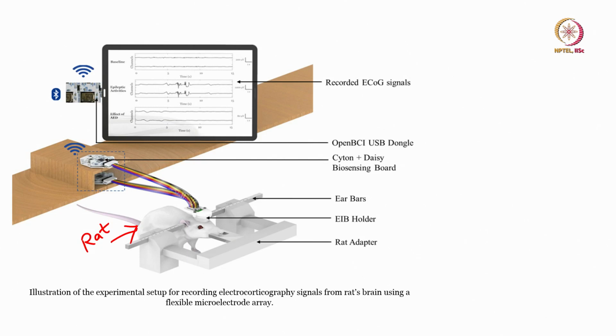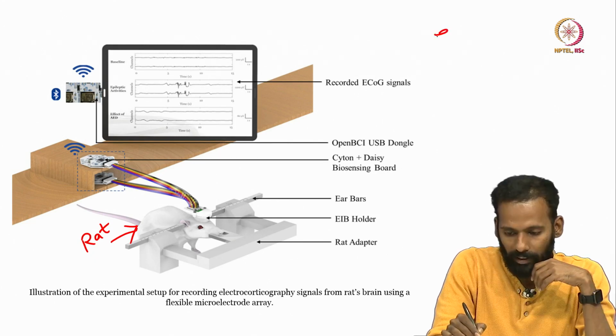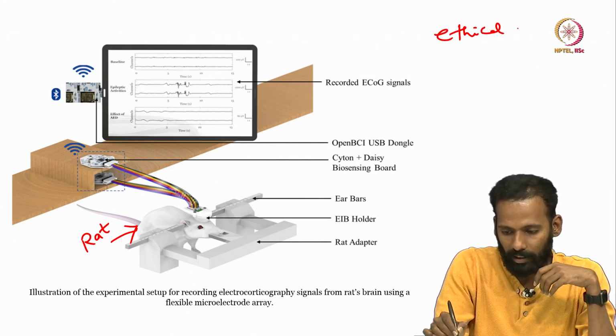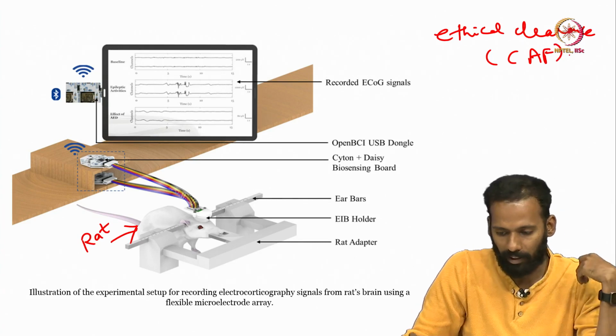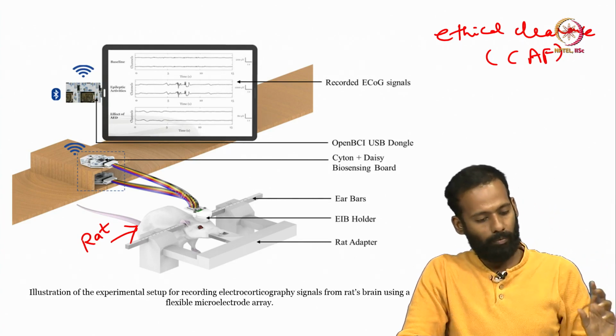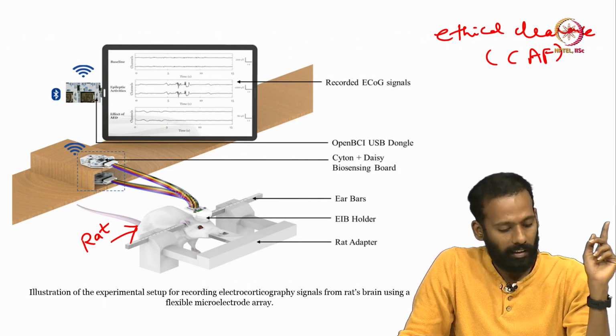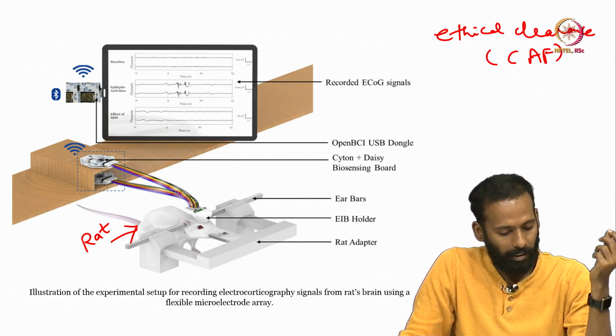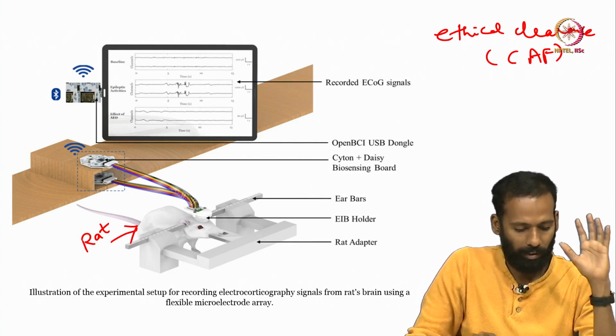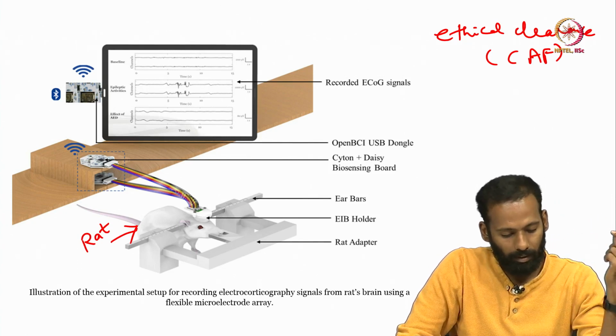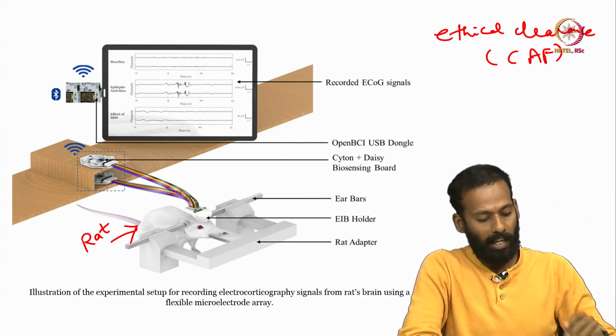First of all, to perform all these experiments, one should have an ethical clearance. This is called ethical clearance, and that should be obtained from the Central Animal Facility that we have at IISc. So, that is one thing. Second thing is, you need to identify which variant of the rat model you are looking at. Once you have finalized that, then let us look at what happens here.